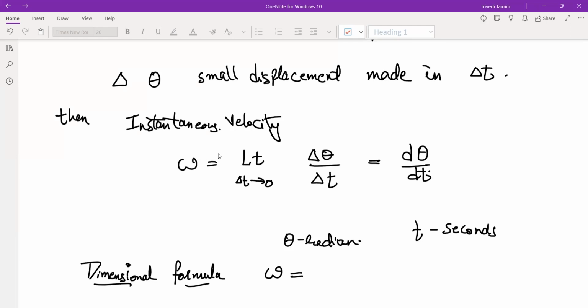What's the dimensional formula? Come on, try. Radian doesn't have dimension. We have dimension for time, that is seconds. So what is the dimension of seconds?